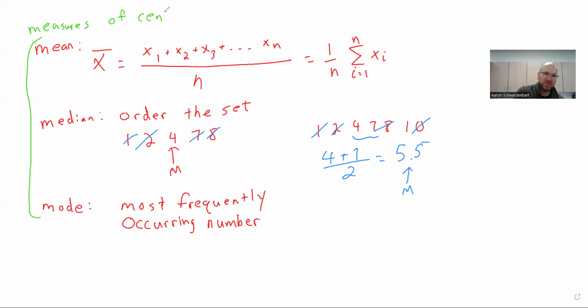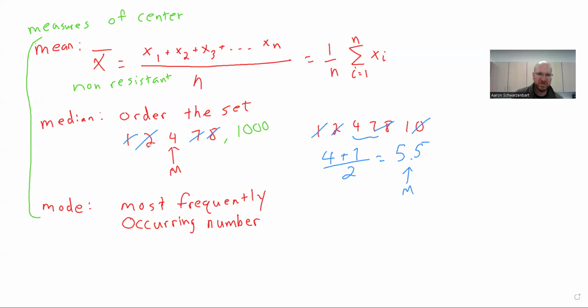We're going to talk about measures of spread later. The mean is considered non-resistant. Let's pretend I add a number to this data set: 1,000. That is going to drastically raise the mean.